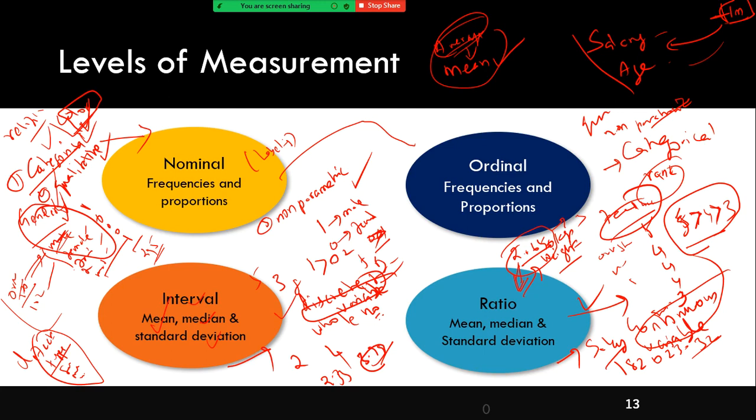But whereas in the case of interval, if I say 0 degrees, let's say you are in a resort, in Kodaikanal or Ooty or Kashmir, and somebody asks you what is the temperature, and you say 0.